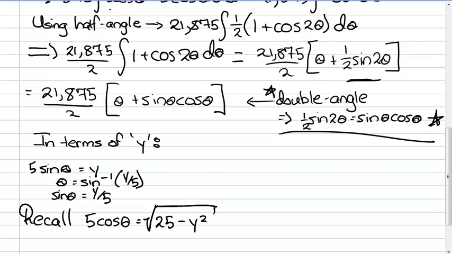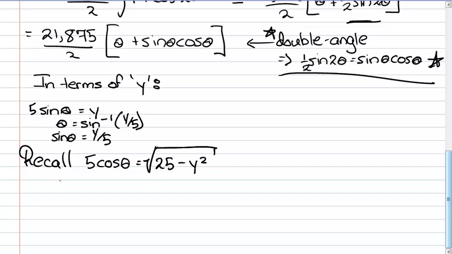Now we just solve for cosine theta, and we're going to be left with cosine theta equals the square root of 25 minus y squared over 5.